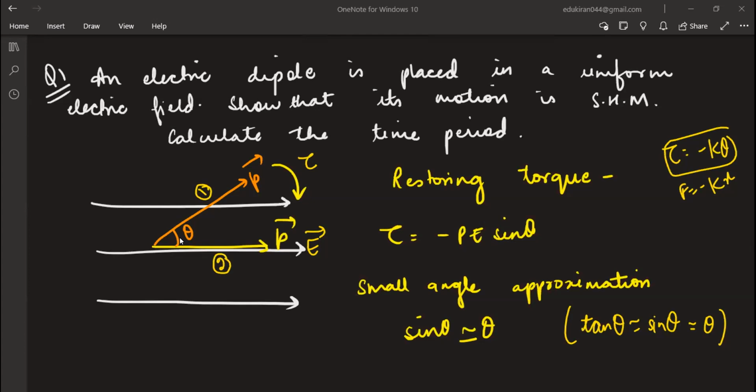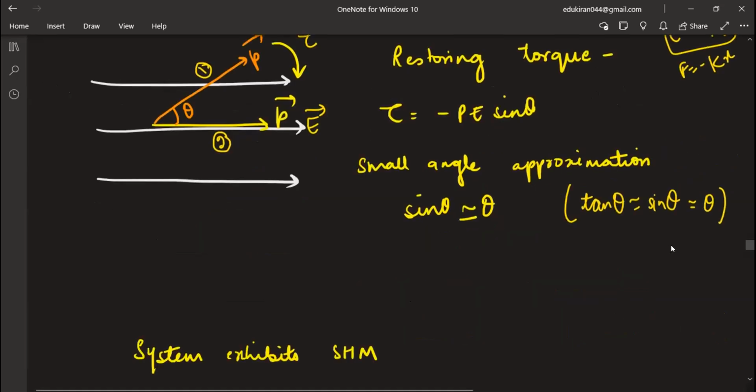Suppose you have sine 7 degrees or sine 2 degrees. Instead of solving these, just equate the answer to theta. So with the small angle approximation, sine theta is approximately equal to theta, and tan theta is also approximately equal to theta. So what can we say?